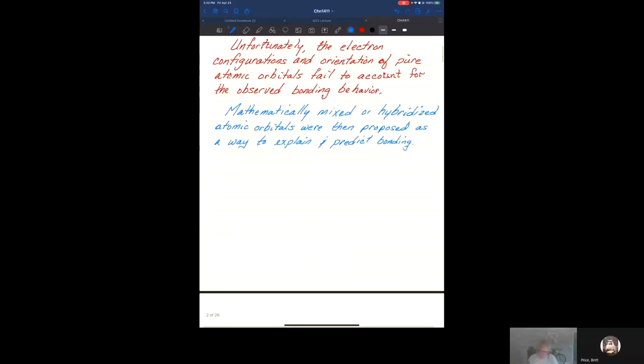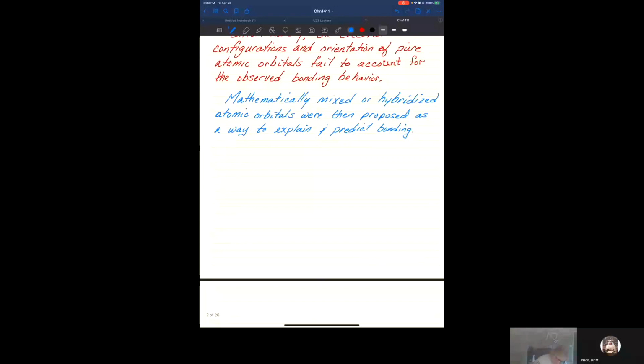This hybridization, as I said, is a mathematical mixing.